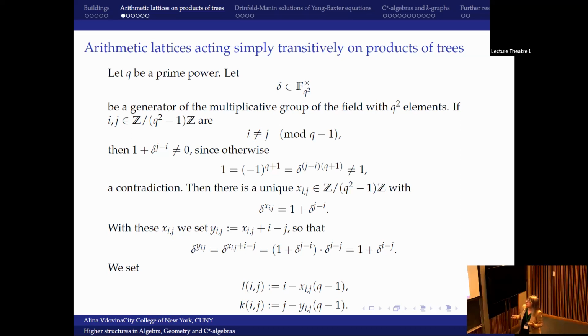So there are many possibilities, even if you take a pair of elements in your field: following this procedure, you will get two other numbers, L of ij and K of ij. So far, we're just saying that we have this very explicit algorithm. This even takes no time to program.